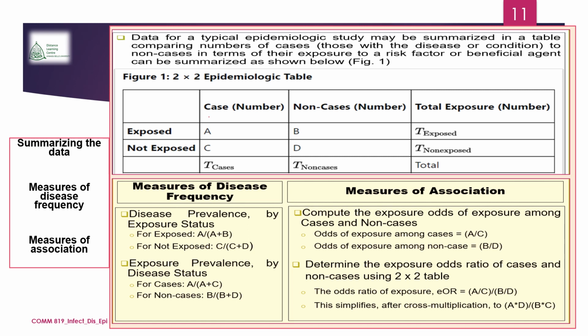So once you do this, A times D, AD over BC, that will give you the odds ratio.